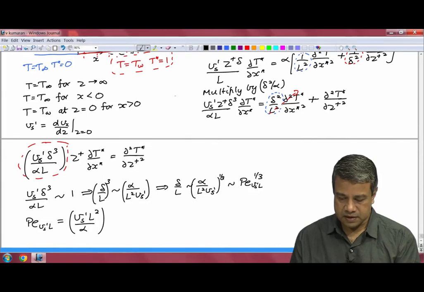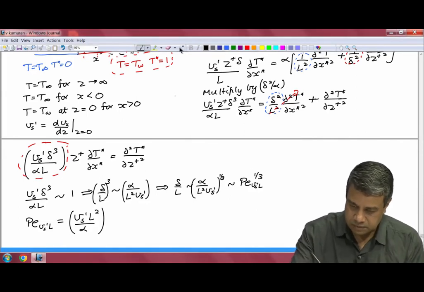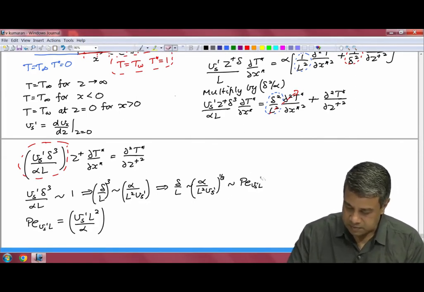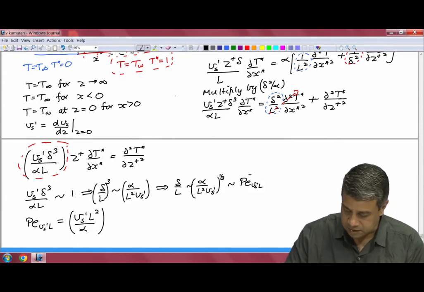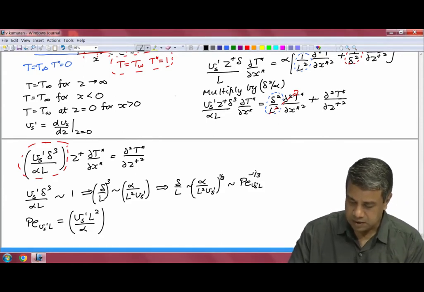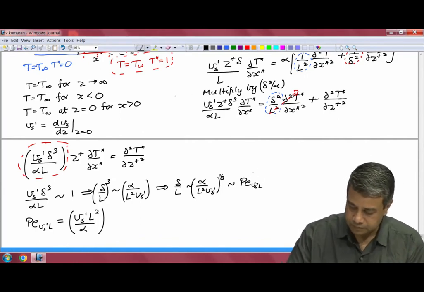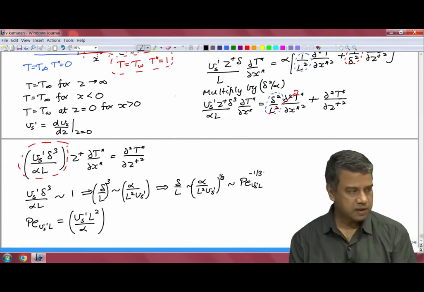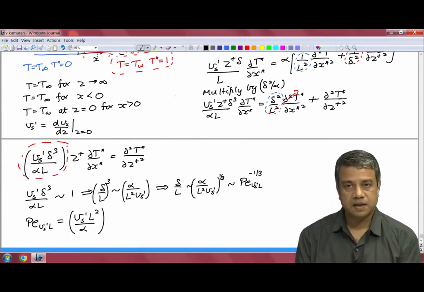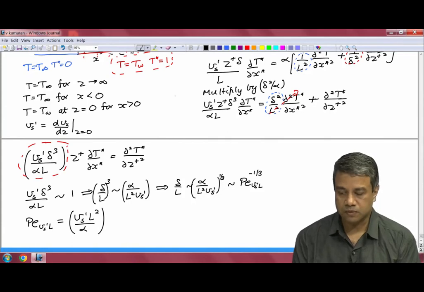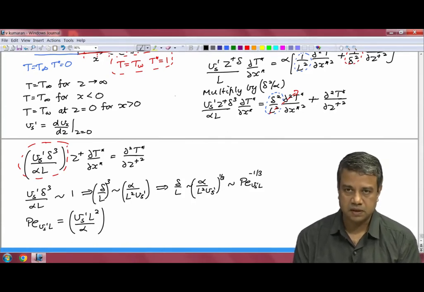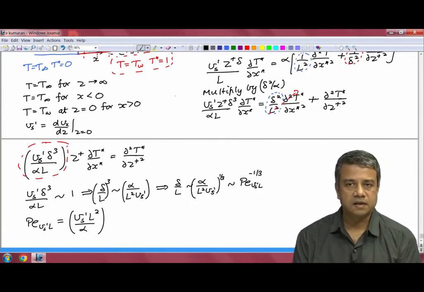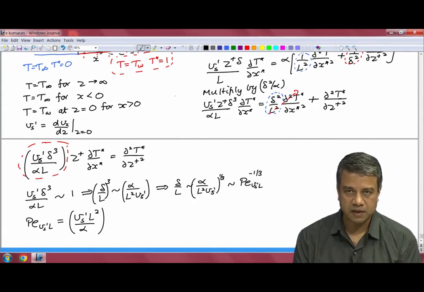So, that gives us a scaling for, kindly make this correction, this has to be minus 1/3, in the limit as the Peclet number becomes large. In the limit as the Peclet number becomes large, this thickness becomes smaller and smaller, comparable to Peclet number to the minus 1/3, in such a way that convection and diffusion continue to be of equal magnitude.